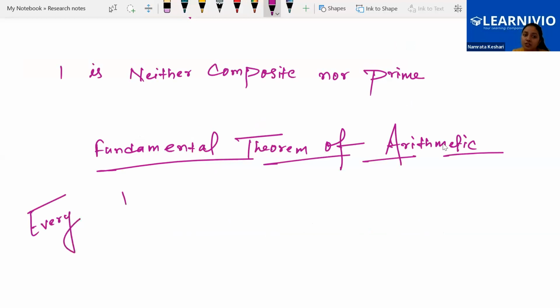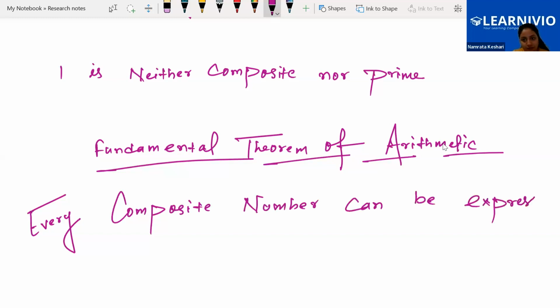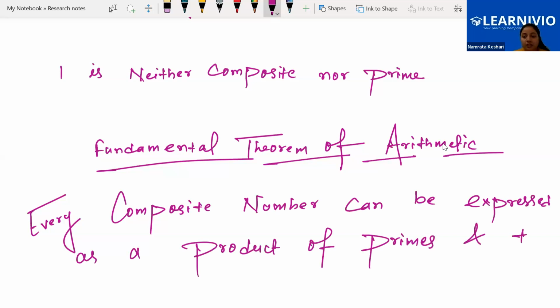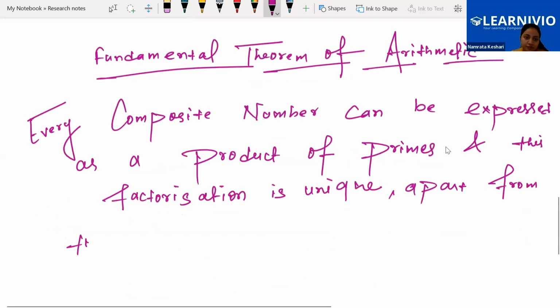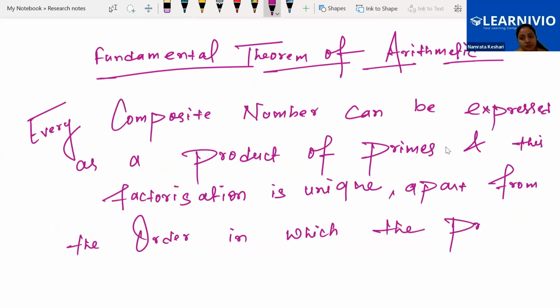The theorem says that every composite number can be expressed as a product of primes, and this factorization is unique apart from the order in which the prime factors occur.